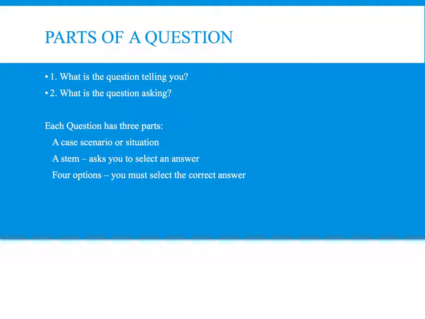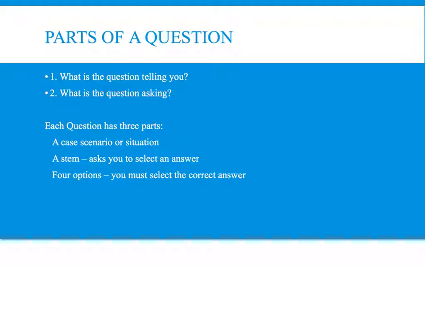Going a little bit further into the parts of each question. Each question has three parts, the first being some kind of a case scenario or a situation. It's important that you be able to read the case scenario or situation and determine what the situation is. And then the stem of the question is the piece that actually asks you to select an answer.